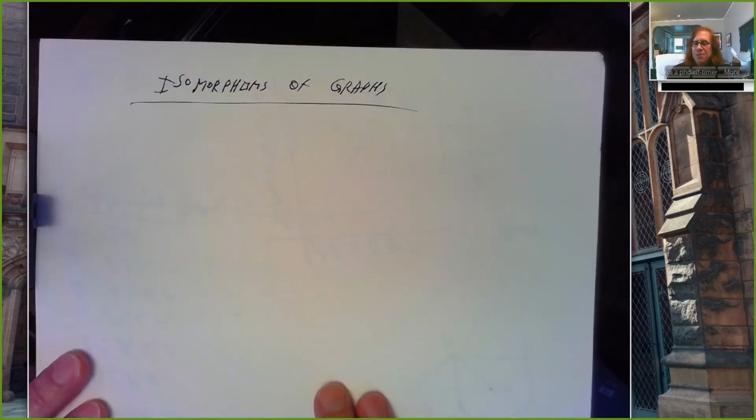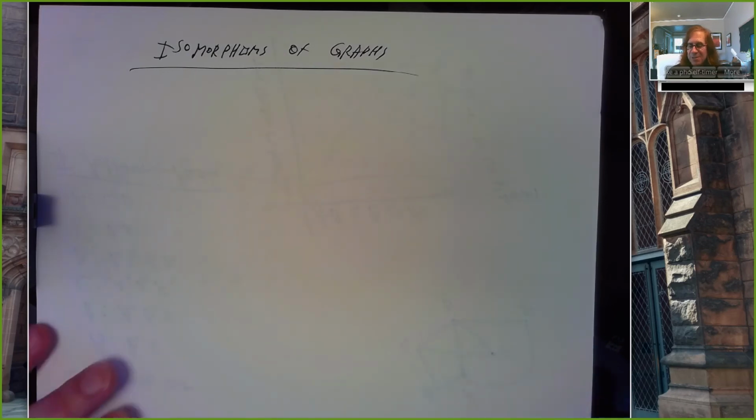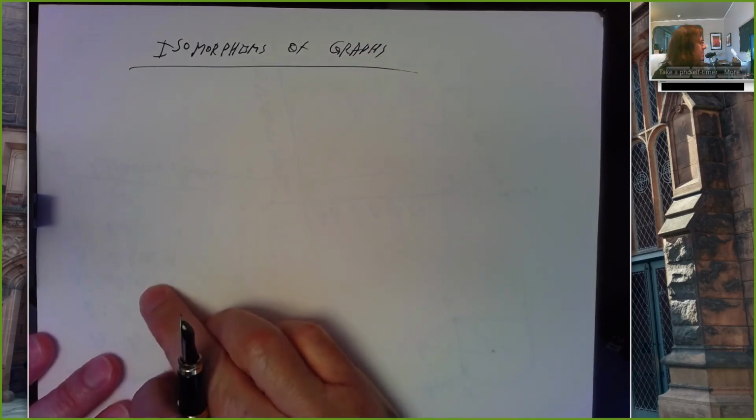So isomorphism, same shape, right? Meaning that we can manipulate the graphs of one vertex to make it look like the other one, as long as we don't break any of the strings connecting pairs of vertices.